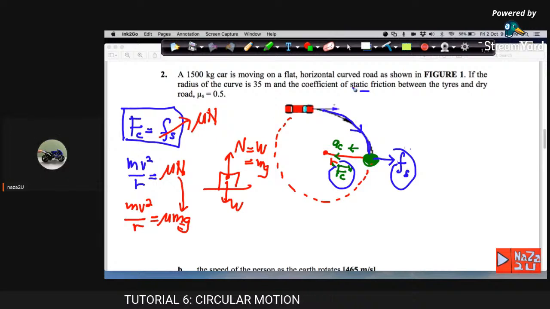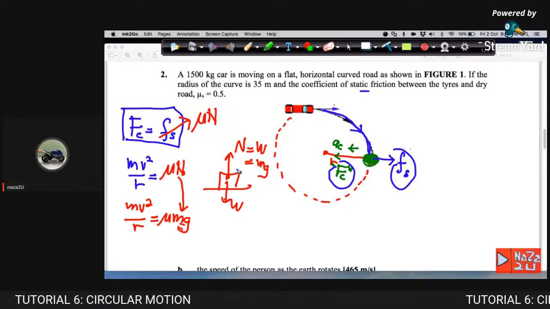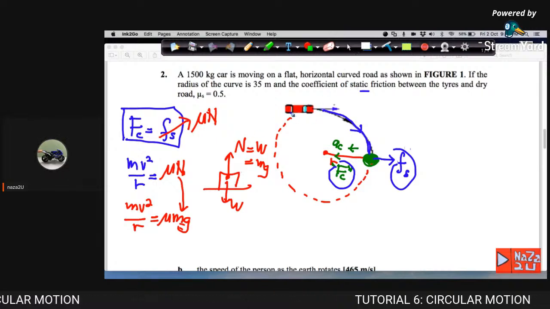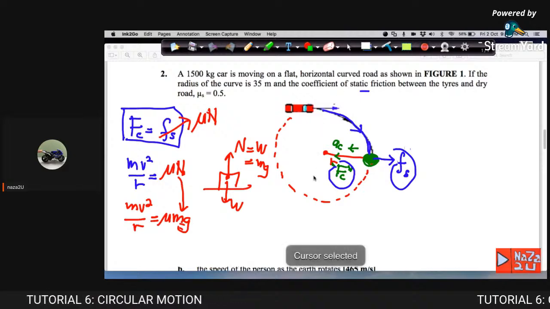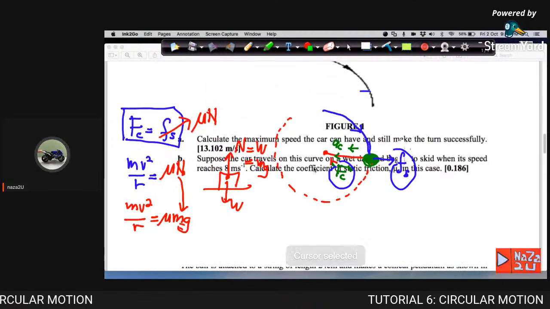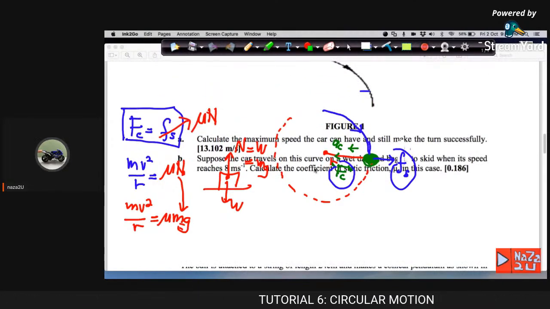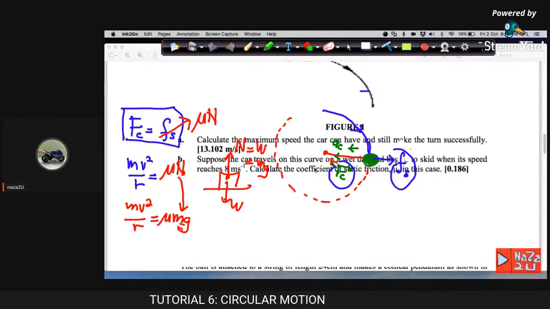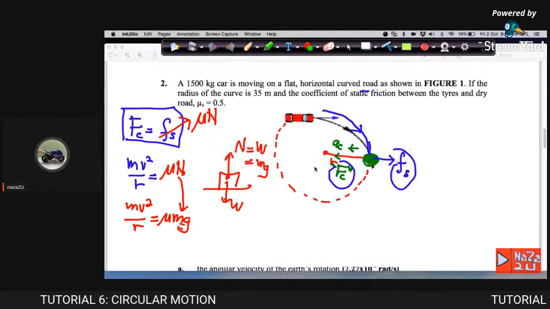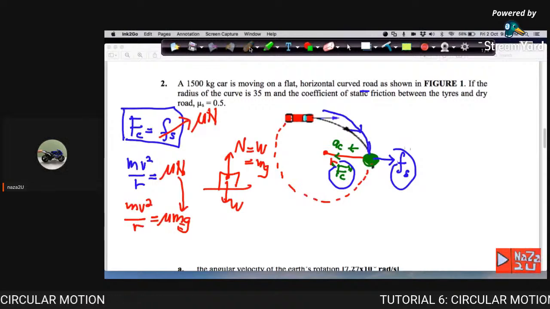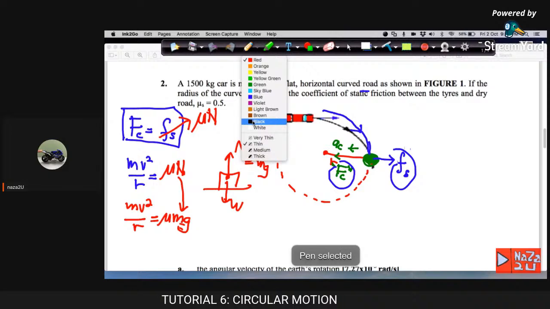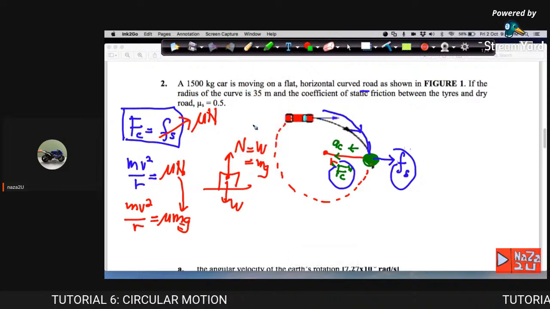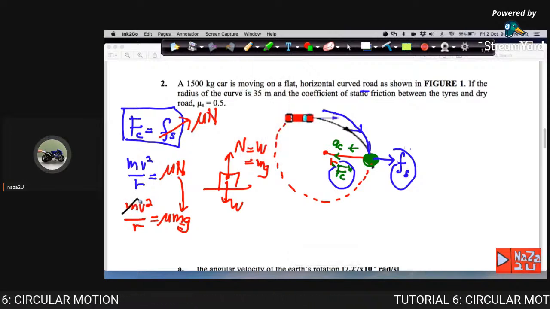So the question asks you to calculate the maximum speed of the car, the maximum speed. So meaning here the maximum speed, we have the mass.